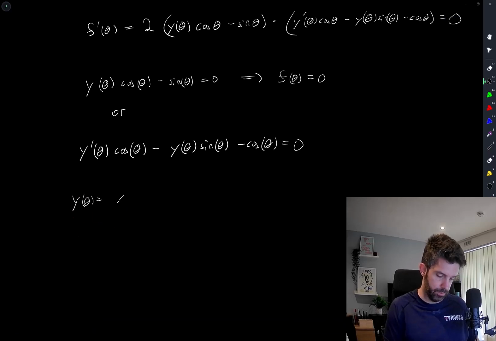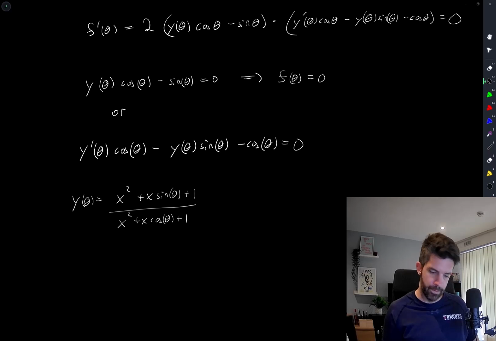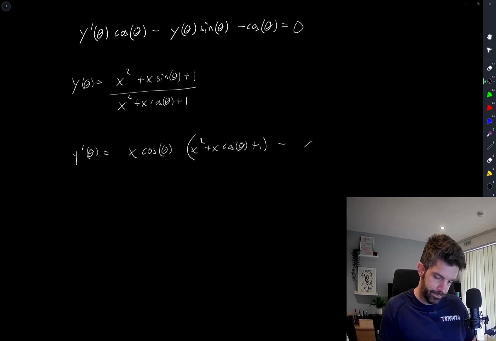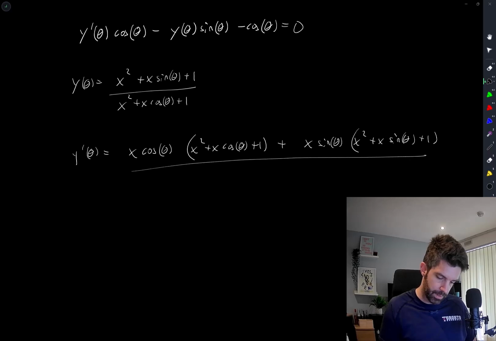Y of theta is... okay, so y prime, derivative of the top times the bottom, minus derivative of the bottom times the top, divided by the bottom squared.